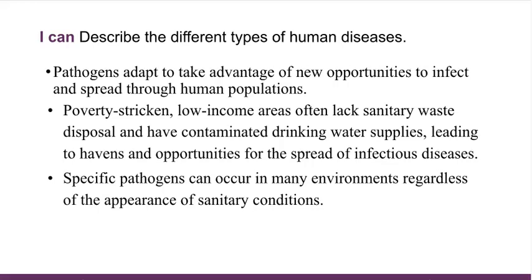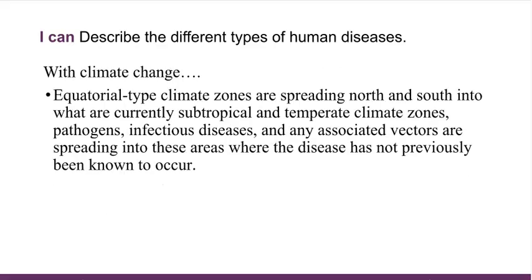And so that can spread infectious disease. But there's other pathogens where it doesn't matter how sanitary or clean a place is, like the flu. I live in a clean, sanitary community, and still lots of people get the flu. Lots of people get COVID. So there are some that are not influenced by that.